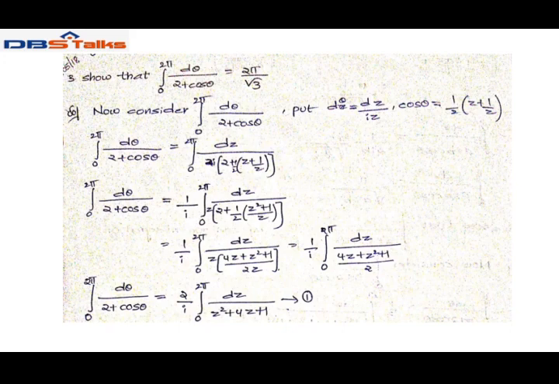Then after calculating we get 1 by i integral 0 to 2 pi, then z is cancelled, integral 0 to 2 pi dz by 4z plus z square plus 1 by 2. So that equal to 2 by i, this is the constant, integral 0 to 2 pi dz by z square plus 4z plus 1. So this is equation 1.